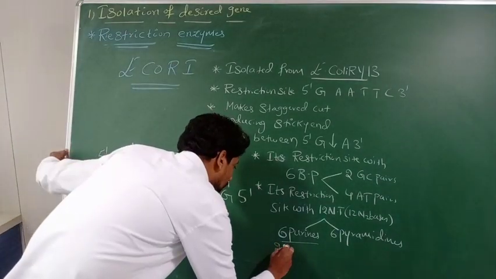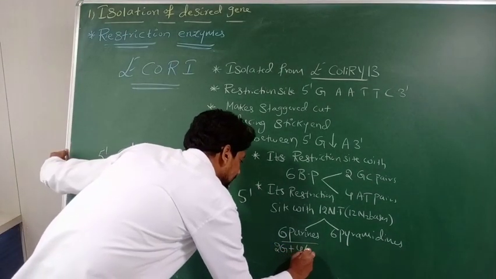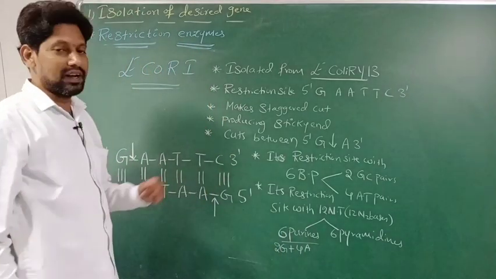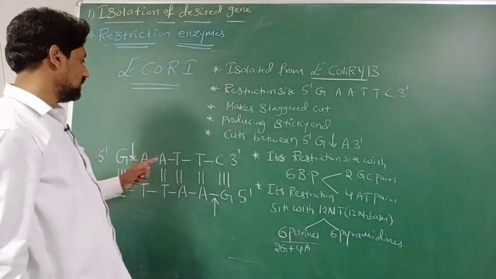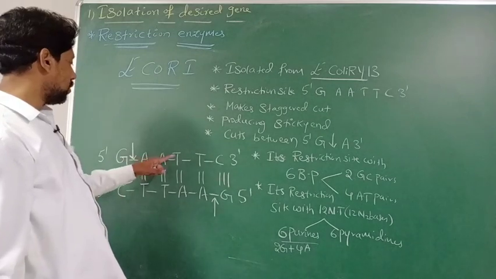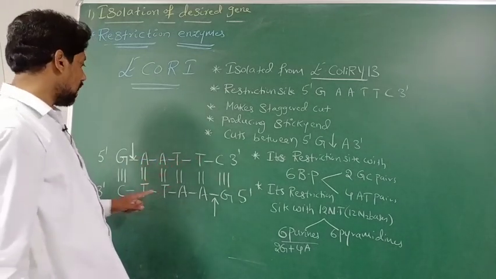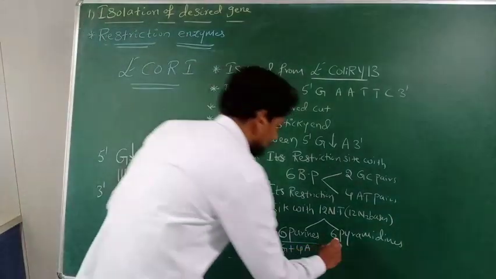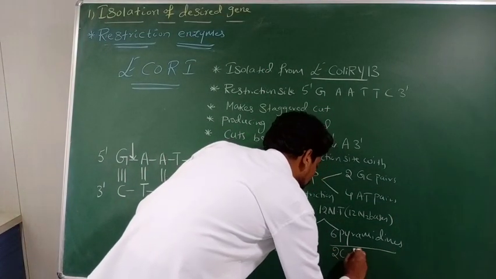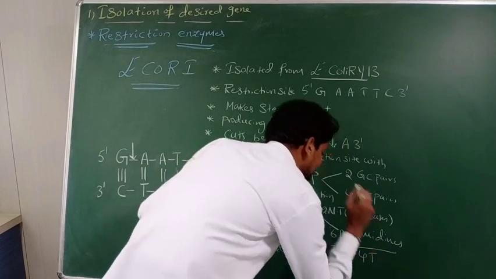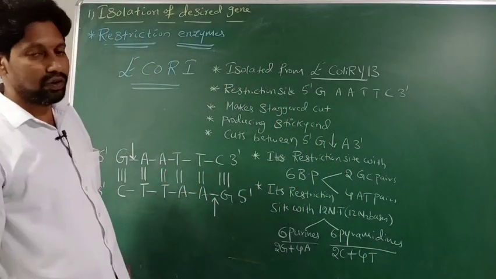Therefore, 2 guanines plus 4 adenines. Pyrimidines: thymine and cytosine, T and C. How many T's? 1, 2, 3, 4. 4 T's. How many C's? 2 C's. Therefore, 2 are cytosines and 4 are thymines. Is this statement okay?